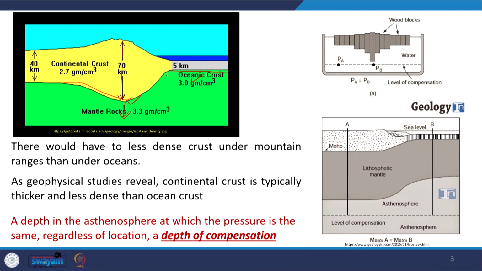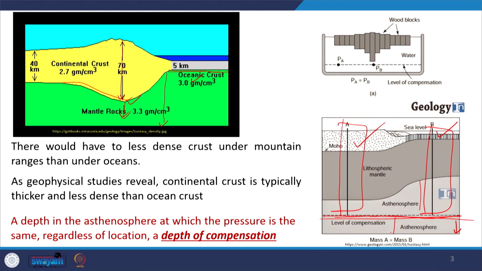However, if you move further down and further down, there is a level at which the pressure created by the continental crust and the pressure created by the oceanic crust remain the same, and this level is called the level of compensation. That means below the level of compensation, the pressure exerted by this column of rock and the pressure exerted by that column of rock are both the same.